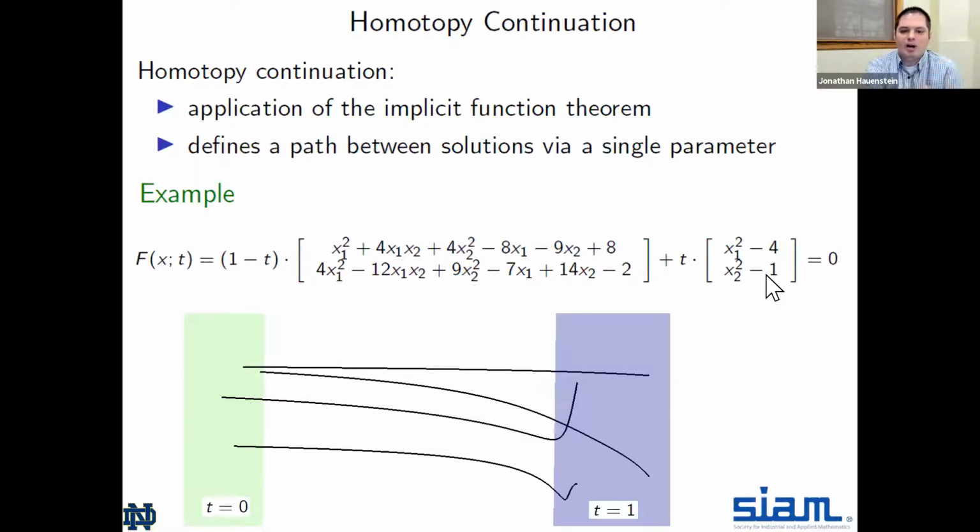Then we set up one parameter that interpolates between those two systems. Our one parameter in this case, artificially introduced, is a T, and it connects the solutions of my start system, which are easy to find, with the solutions of my target system, which is the one that we want to solve. So homotopy continuation is nothing more than a special case of the implicit function theorem, where we're over a single parameter.